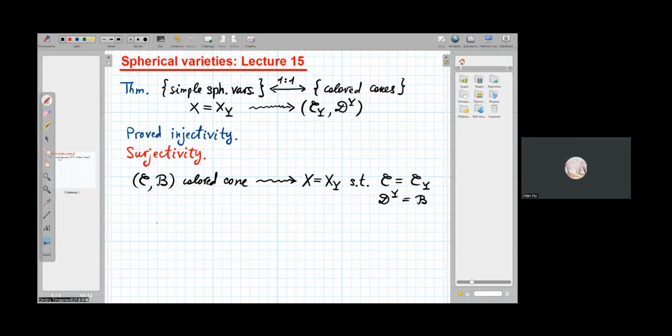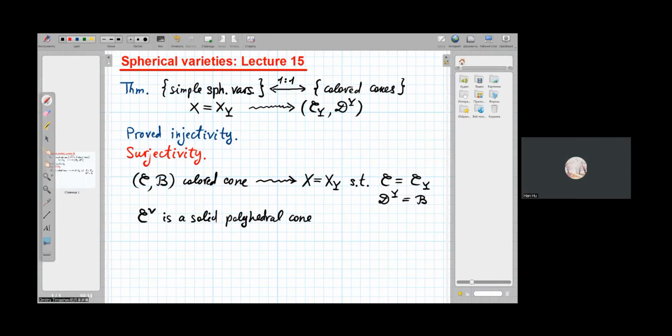Let us first note that the dual cone to the cone C, the cone C check, is a solid, that is full dimensional, polyhedral cone. C check is solid because C is pointed.